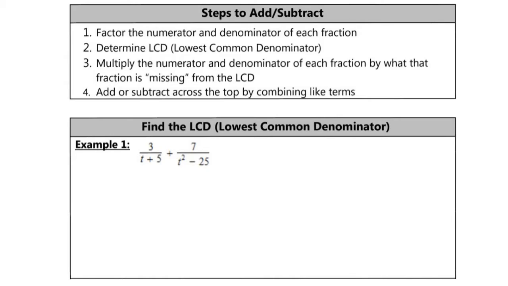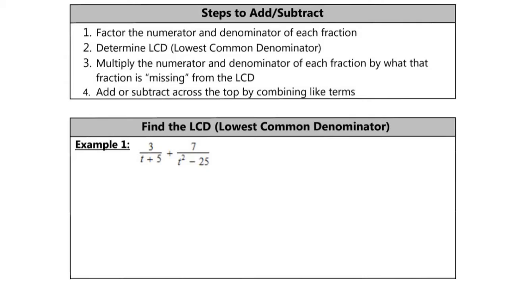First, you want to factor the numerator and denominator if possible. Then the next one is to find the lowest common denominator, which would be the lowest thing that they have in common. Sort of like when you add and subtract regular fractions and you have to find the LCD.